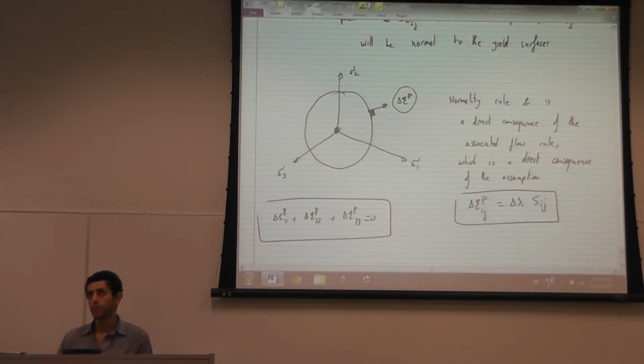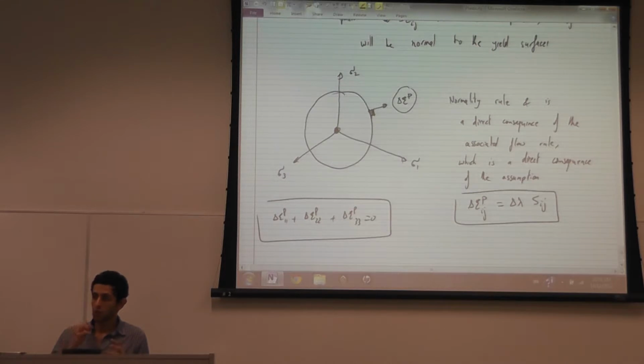And the normality rule ensures this, because the yield surface in metals is concentric around the line of sigma 1 equal to sigma 2 equal to sigma 3.